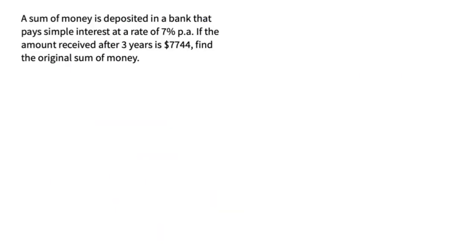Hello everyone, welcome to this problem where we are given that there is a sum of money which we don't know, and it is deposited in a bank that pays simple interest. So I'm going to just let this original sum of money be P, and we have the interest rate. The rate is 7% per annum, and the time is 3 years, so it's given in years.